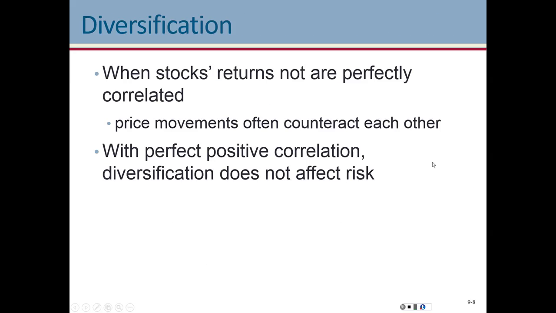Now, one of the concepts that is important in diversification is correlation. Right? Correlation is the movement of two assets. How are two assets going to move through time? Correlation. Hopefully, you remember this from statistics. It's bounded from -1 to +1.